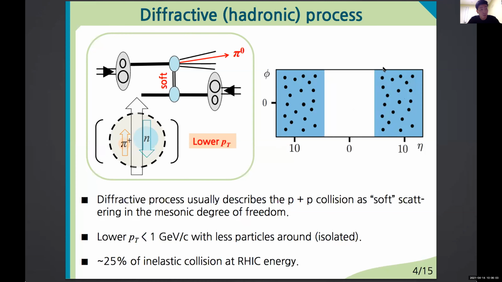Since higher order of partonic interaction is not suppressed in this process, the proton-proton collision is usually described as soft scattering using the mesonic degree of freedom. About 25% of inelastic collisions at LHC energy are expected to be the diffractive process. If the measured π0 has momentum smaller than 1 GeV/c, we consider it comes from the diffractive process, and it is usually isolated with a few particles around it.